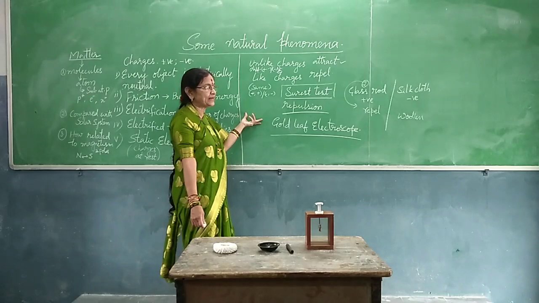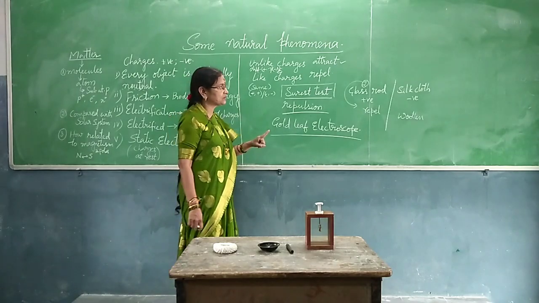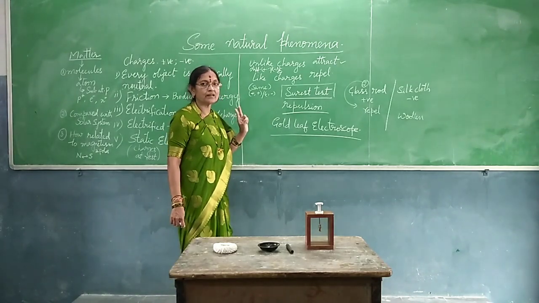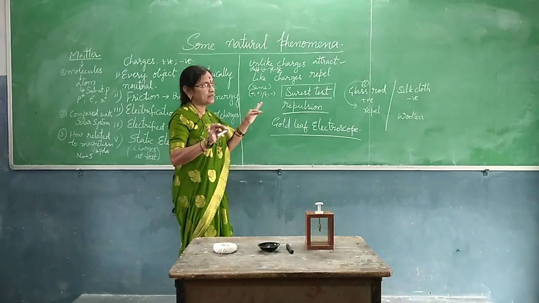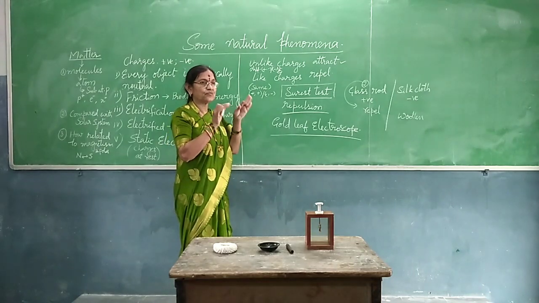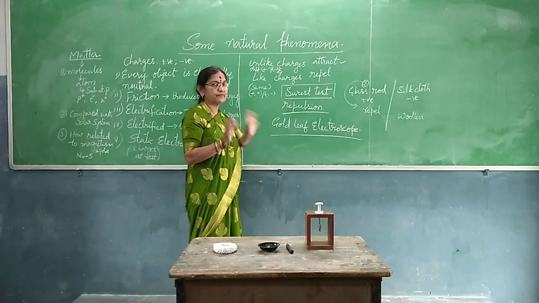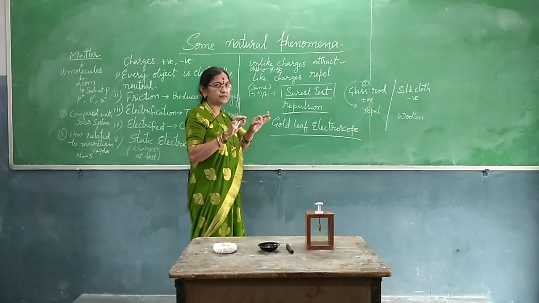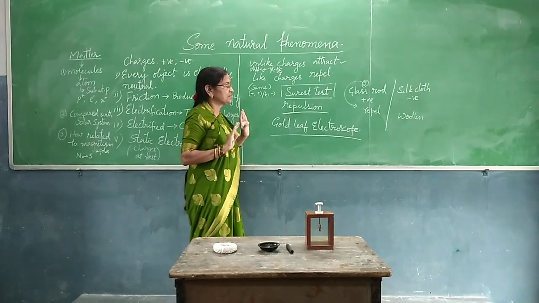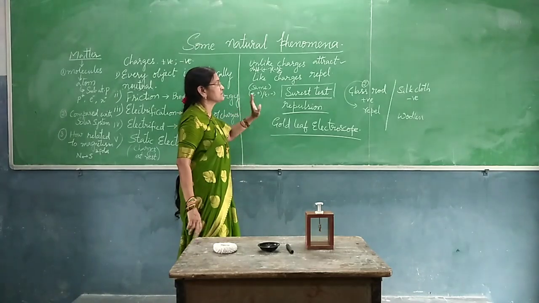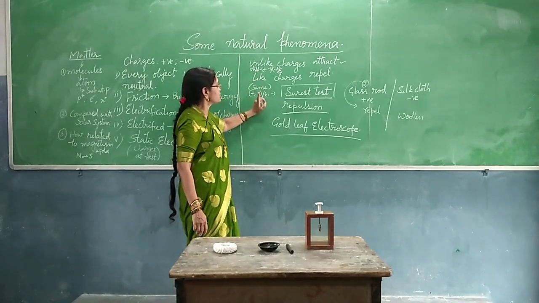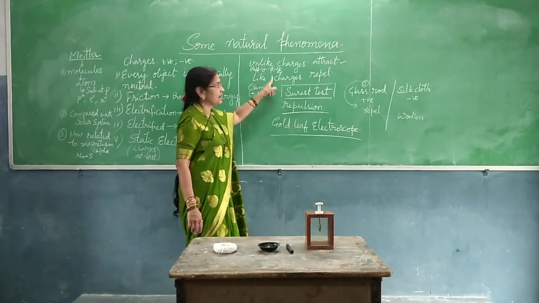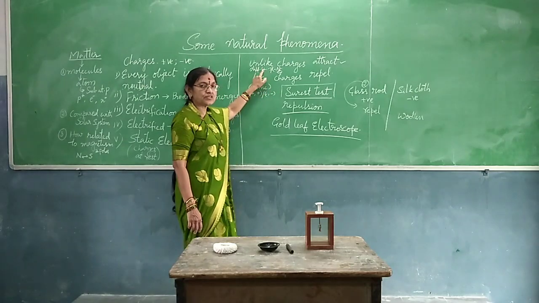So inflate the two balloons, rub one with silk cloth, another with your woolen sweater, and bring them near, they will attract. Whereas two balloons rubbed with silk cloth only, bring them near, they will repel each other. So by these activities we can say that like charges repel each other, unlike charges attract each other.